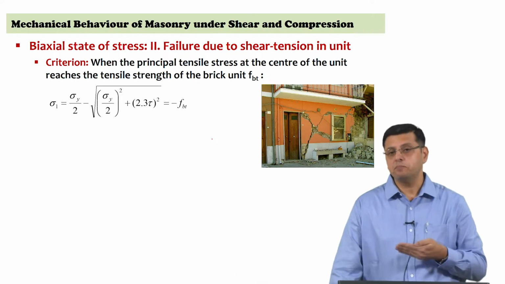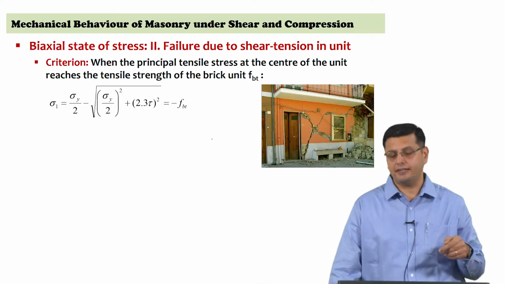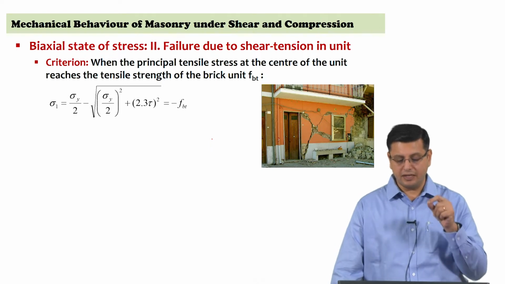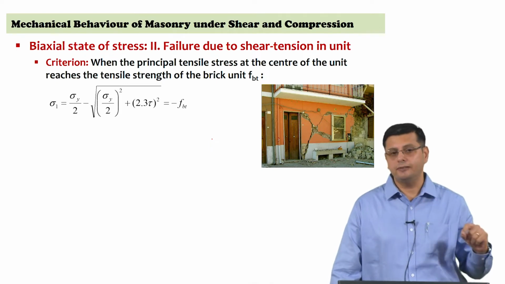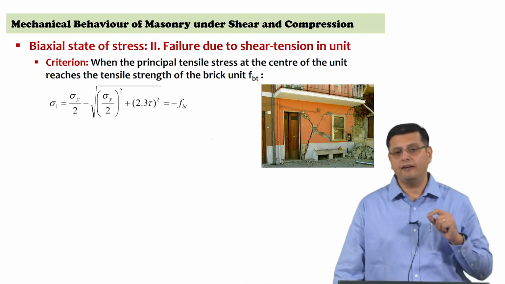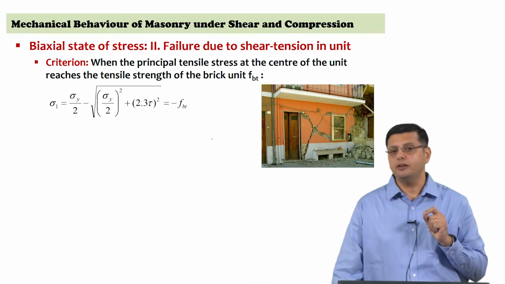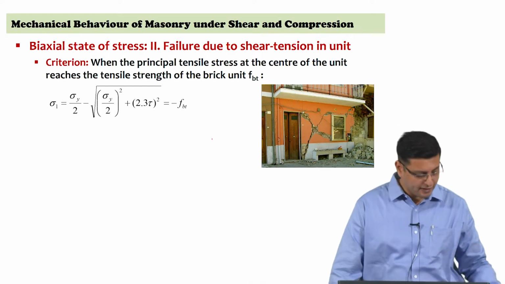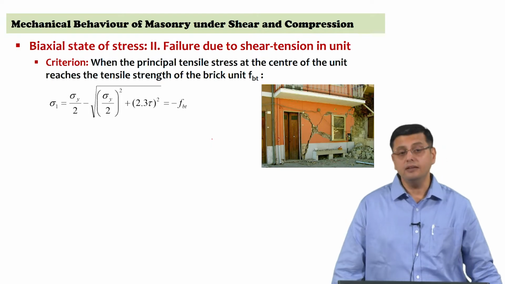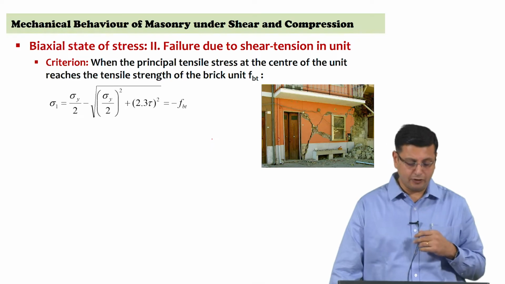Sigma y is the normal stress acting on the wall, tau is the shear stress acting on the wall. We are considering the condition at the center of the brick unit when the principal tension sigma 1 due to this reaches a value of f_BT, which is the tensile strength of the unit itself, we get failure in the unit by the tension crack occurring in the unit.